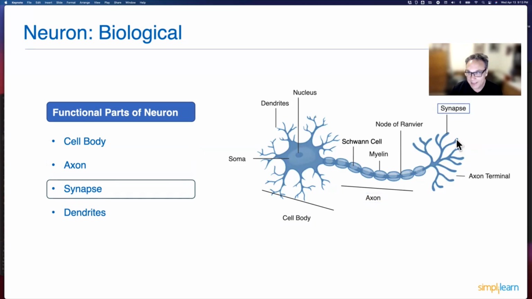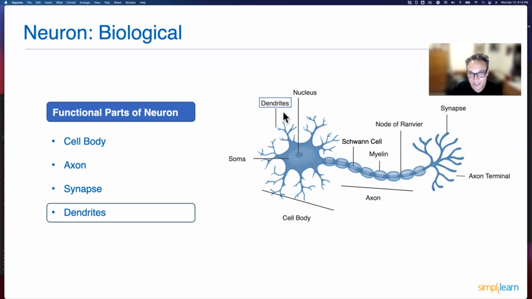which then goes through these synapses. And you have to imagine, for a second, another neuron over here. There's other neurons that these synapses are connected to. So they activate the next neuron. And how do they activate it? They activate it through dendrites, which are activated from another neuron at this end.